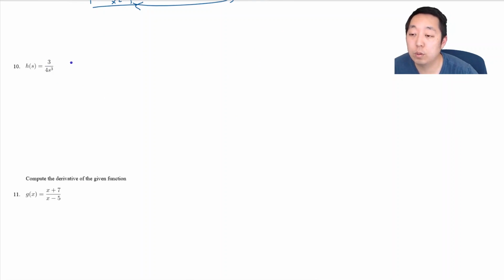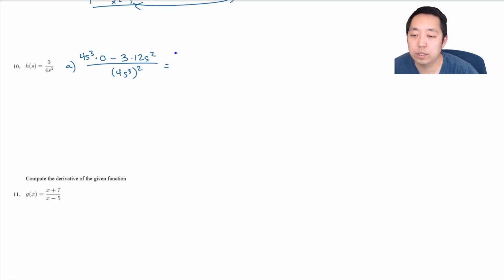Same with this one, we're going to do quotient rule. Do the bottom times the derivative of the top. The derivative of 3 is just 0 because it's a constant, minus the top times the derivative of the bottom, which is 12s squared, because I bring the 3 down, so 4 times 3 is 12, and then subtract 1, divided by the bottom squared.